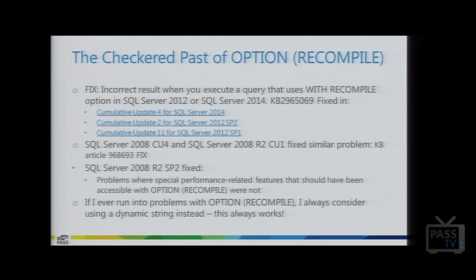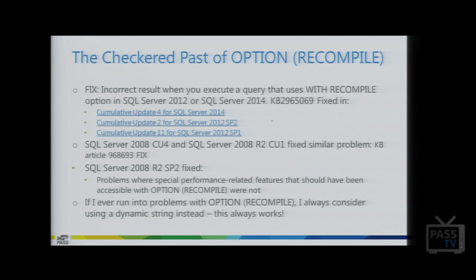Isn't this crazy? But CU4 of SQL Server, which was released on October 21st, does solve this. So my code works on CU4 of 2014, but if any of you aren't running that, you could have some issues, which is why I'm going to give you a third solution, just in case you're not running the latest, okay?